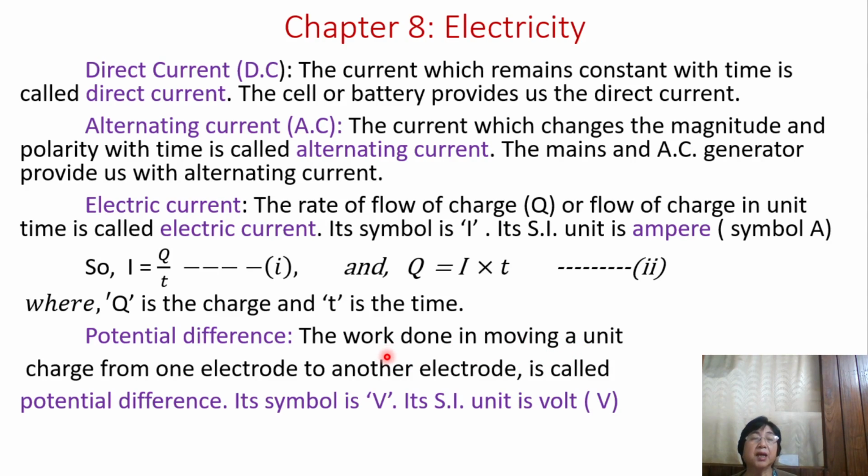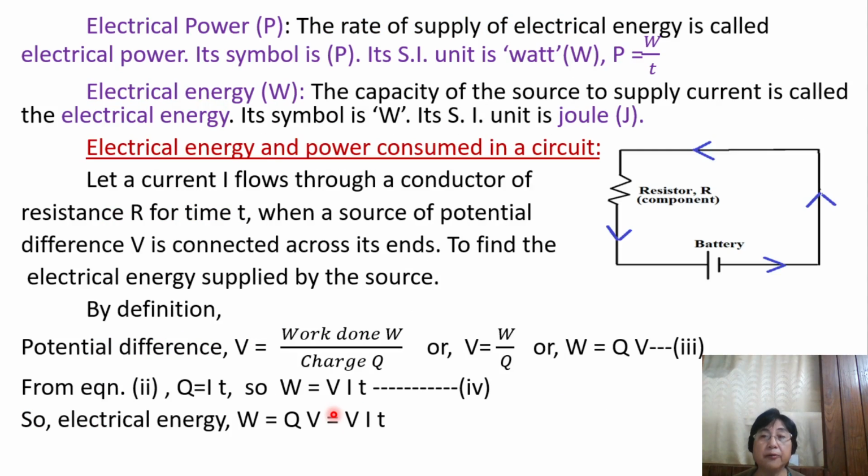But if we want to move a unit positive charge, then work will have to be done. So to move a unit positive charge from one electrode to another, that is known as the potential difference. Its symbol is capital V, and its SI unit is volt with the symbol capital V. So both have the symbol V.